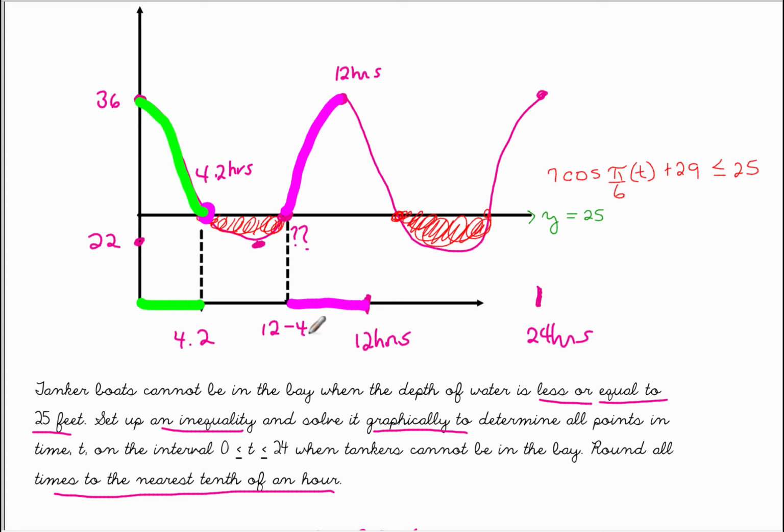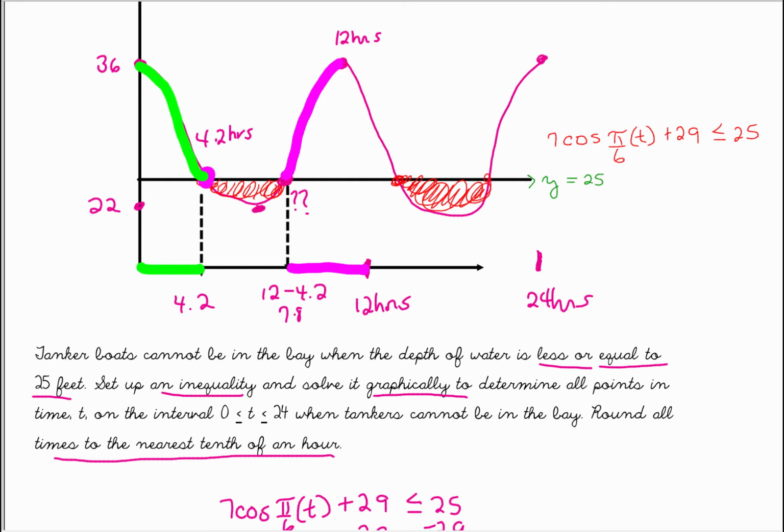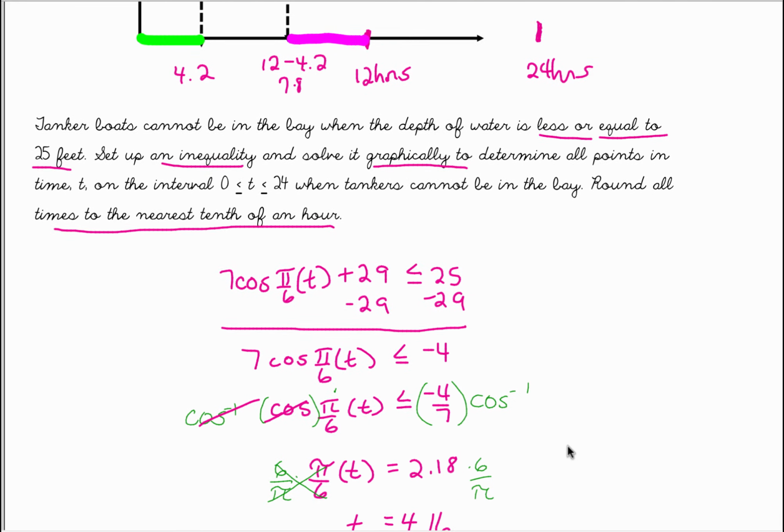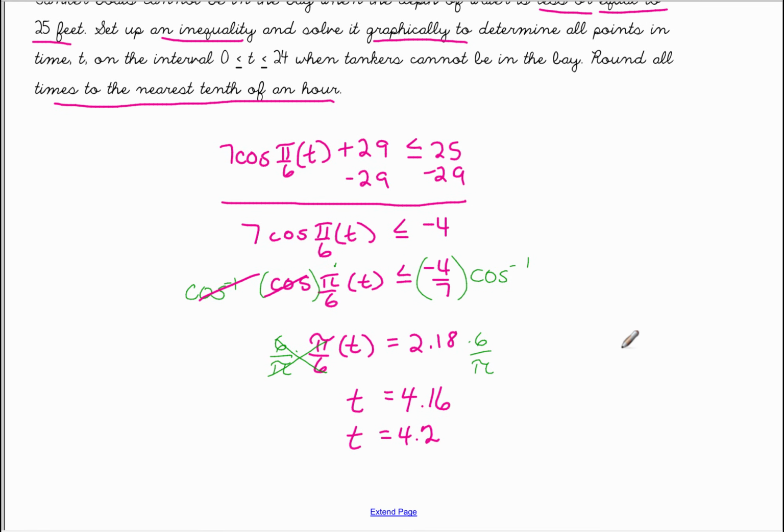So I'm minus 4.2, I get 7.8. So the first time frame says that this tanker can't be in the bay between these hours after the first high tide.